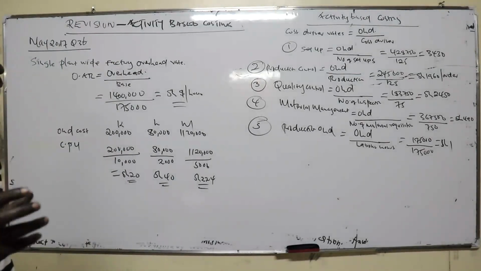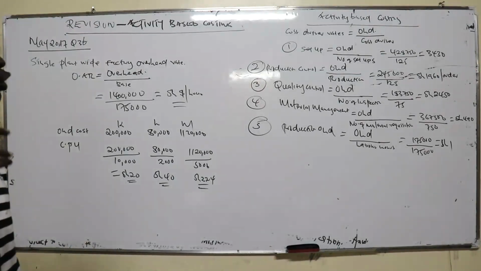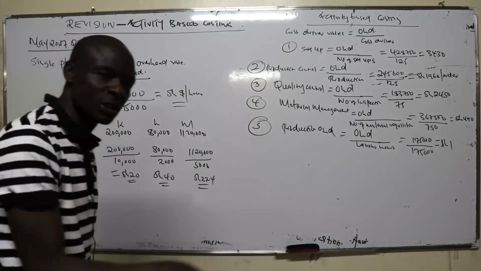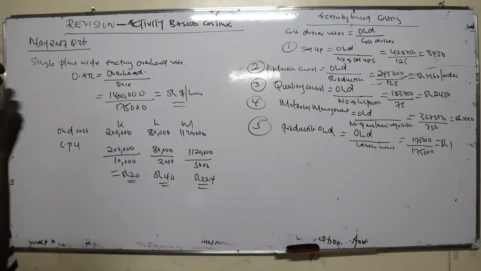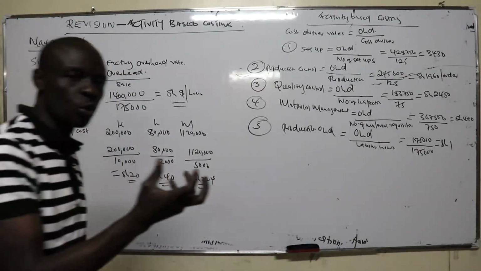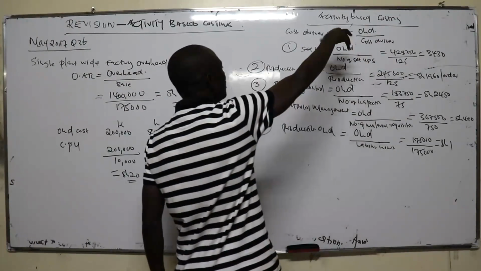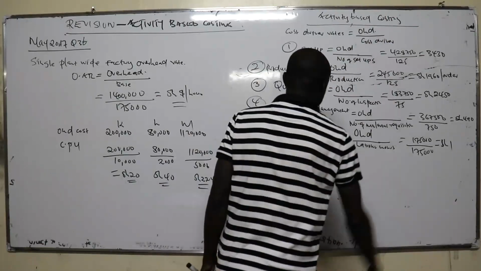Like for instance, for setup, it will be the number of setups. So you're going to divide the overhead of a particular activity by the cost driver. The cost driver is the influencer of cost, that item that generates and influences cost. So you're going to determine the cost driver rates the way we have done.